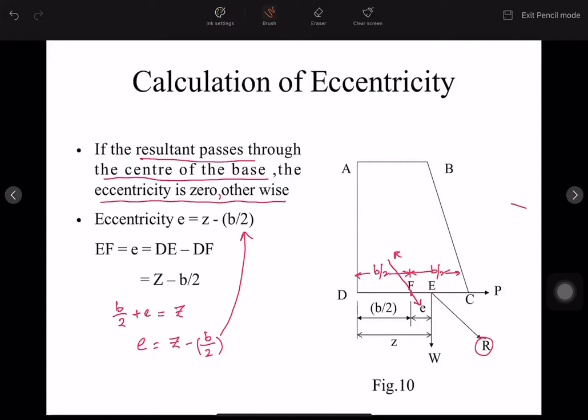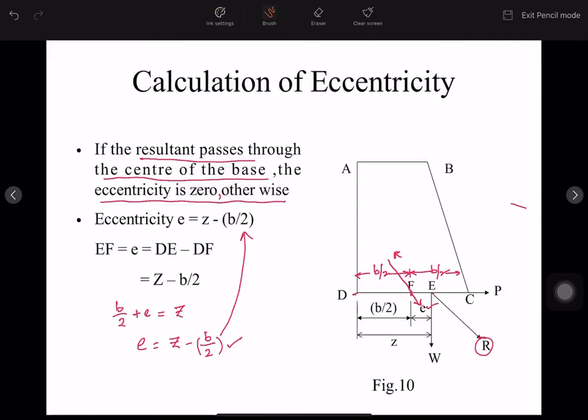Or else we can write E as equal to the distance from the center to the point where R cuts the base, which equals Z minus B by 2. So this is the eccentricity value which we need to calculate and check.